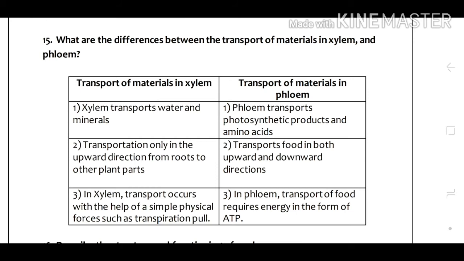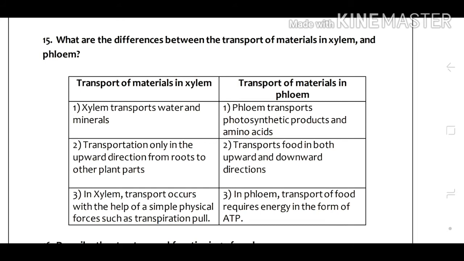Phloem transports photosynthetic products and amino acids. Transport in xylem is only in the upward direction from roots to other parts of plants. Phloem transports food in both upward and downward directions.